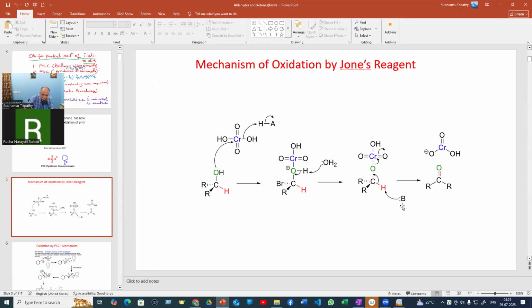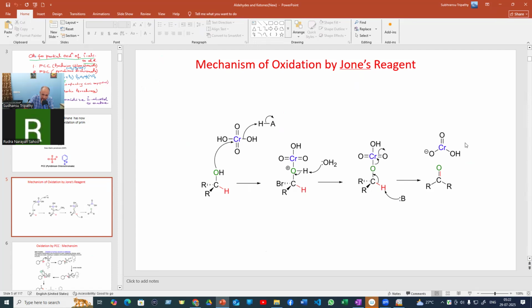Then the base, HSO4 minus, the conjugate base of sulfuric acid, abstracts a proton. In case of 2 degree, there is one hydrogen that is abstracted by HSO4 minus, and this goes here, and this goes here.